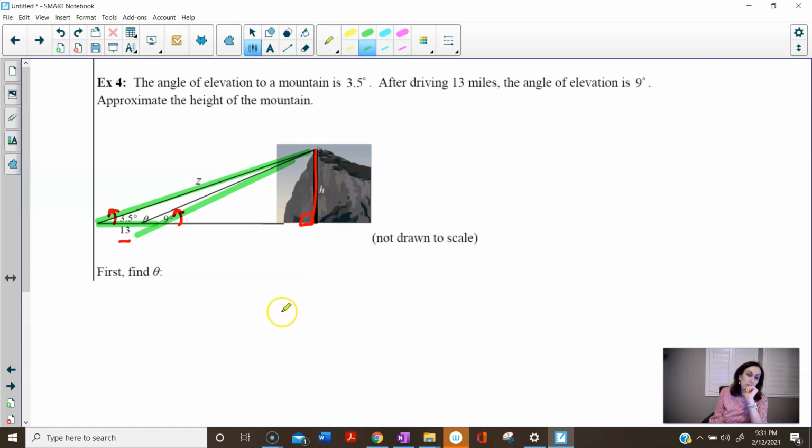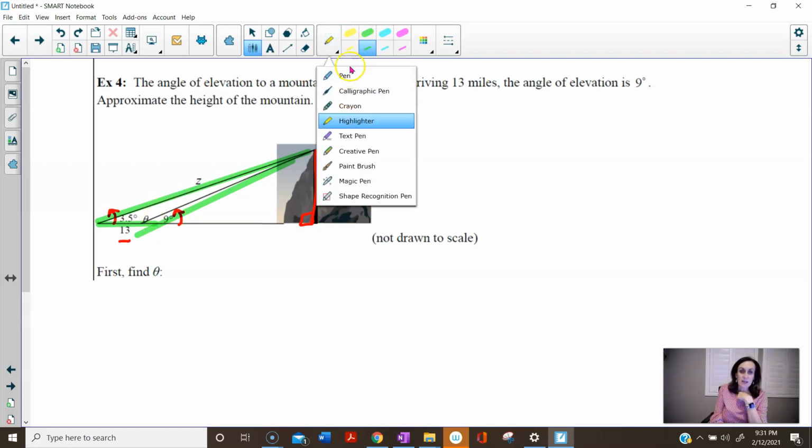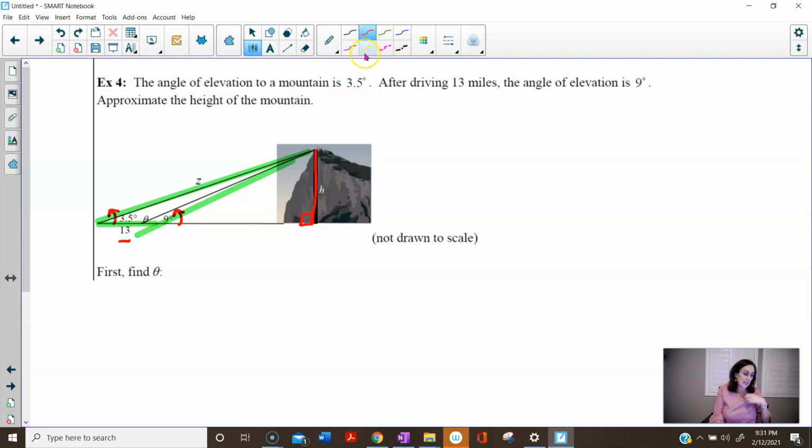We know that theta is going to be supplementary to 9 degrees. So if we take 180 and subtract 9, then we get 171 degrees. Now I'm going to go ahead and use the law of sines.